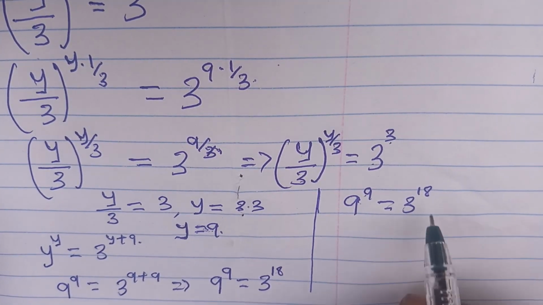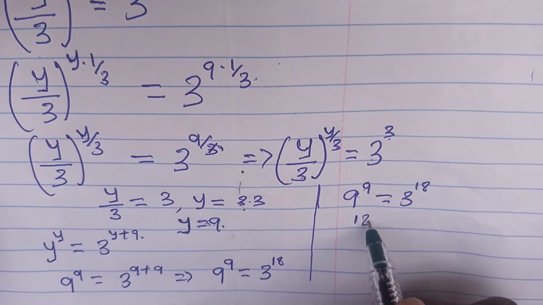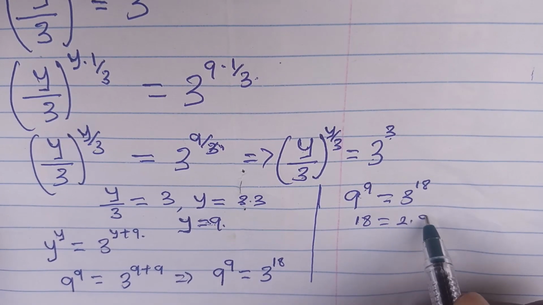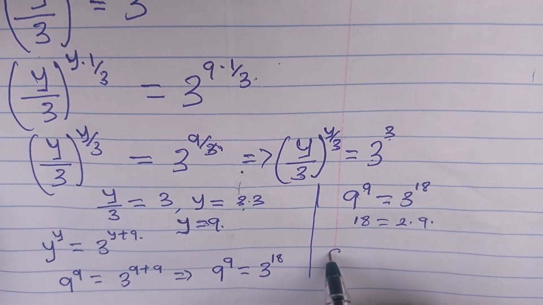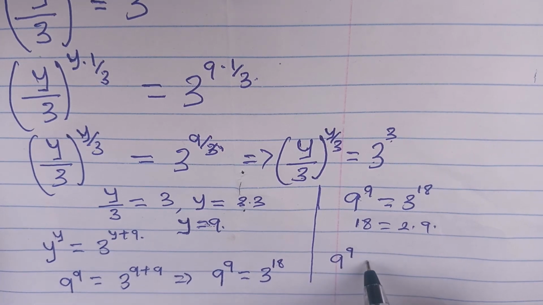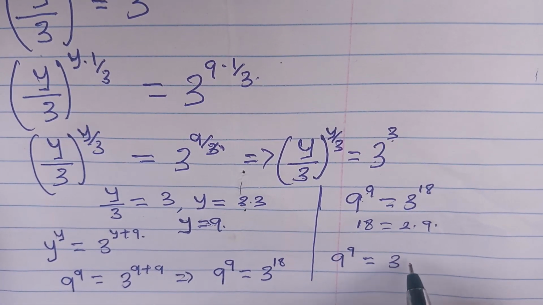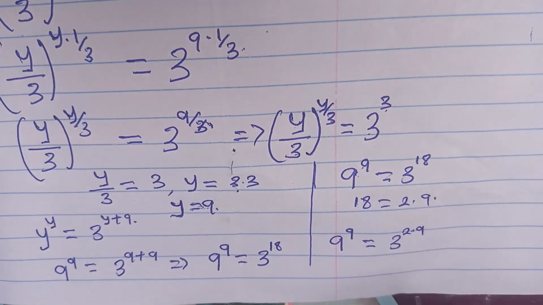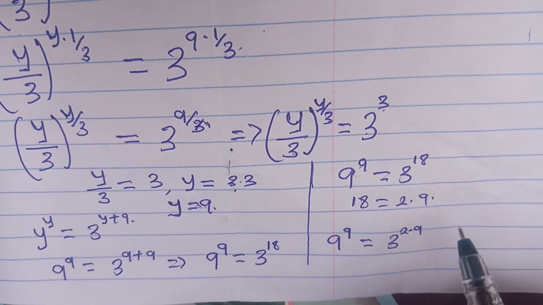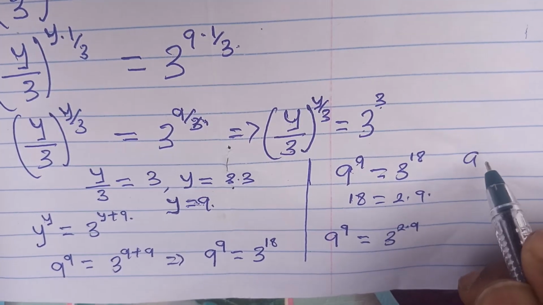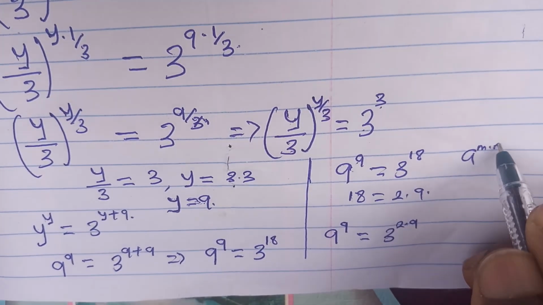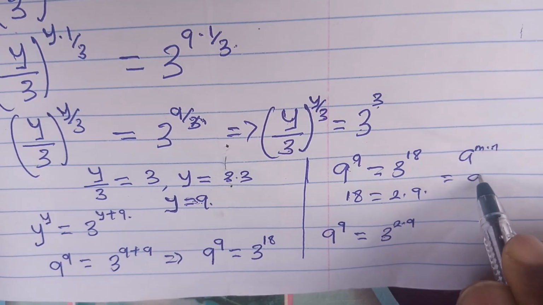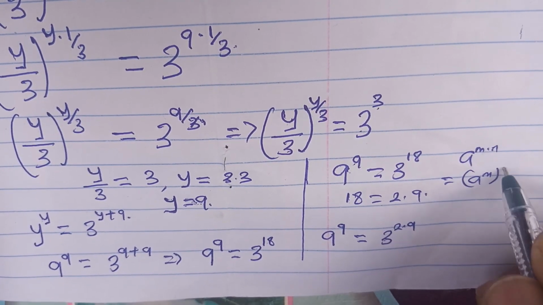Solving further, we can write 18 equals 2 times 9. So 9 to the power of 9 equals 3 to the power of 2 times 9. We can write this again, because a to the power of m times n equals a to the power of m, all to the power of n.